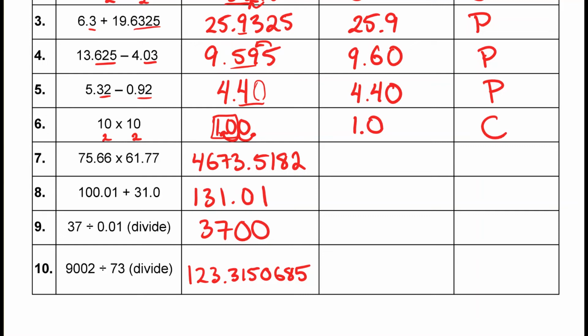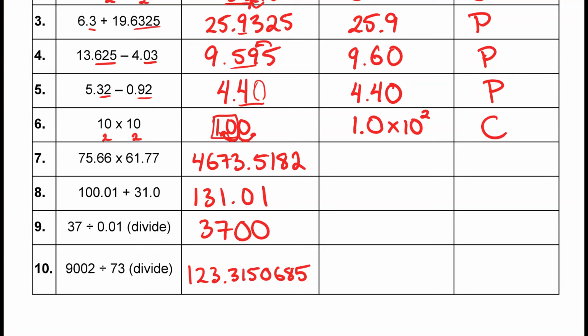The second 0 we ignore now, but because we moved the decimal place, we have to express it as a power of 10. How many times did we move the decimal place? 1, 2, so it's to the power of 2. Let's think back. 1.0 times 10 to the power of 2. This is like 1 times 100, which is 100. Hopefully that makes sense, okay?